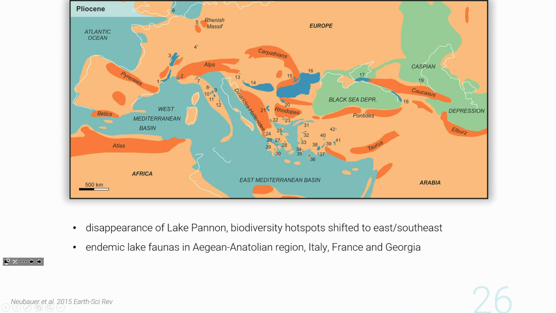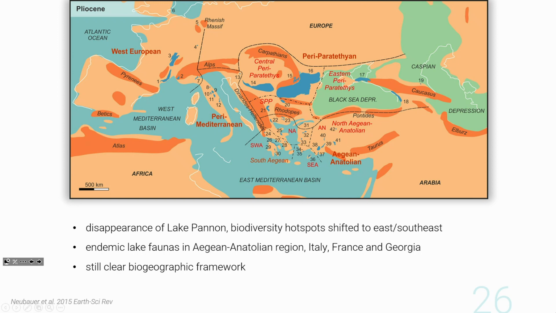We have still quite endemic and diverse faunas here in the Aegean, Anatolian region, in Italy a few, but in France, and single ones here in the Black Sea region. And this is mirrored in an even more intricate biogeographic scheme down to the province level. So here the situation is very complicated.